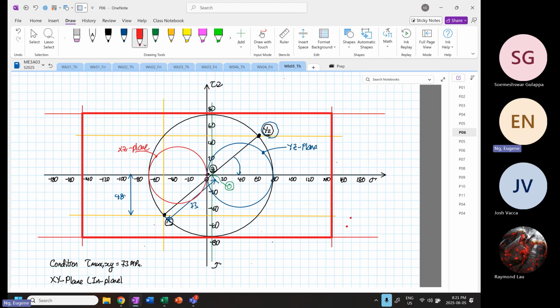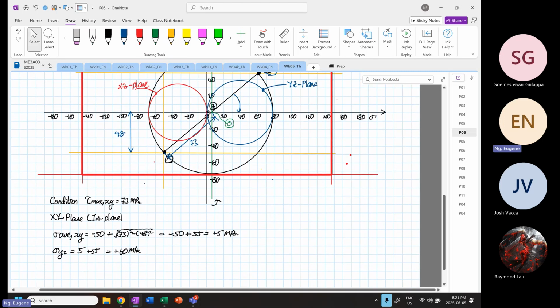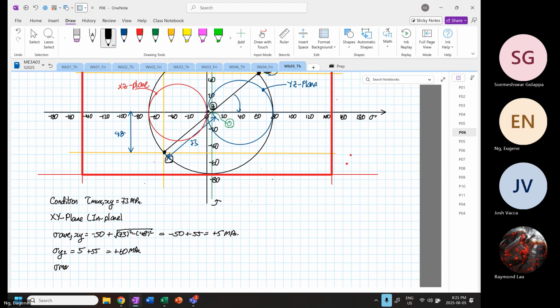So from here, we can now also calculate our stress max and our stress min, right? So this is our stress min, and over here, this is our stress max.